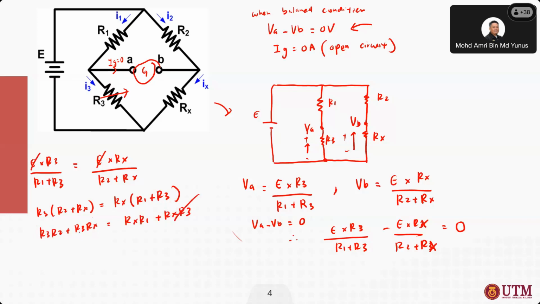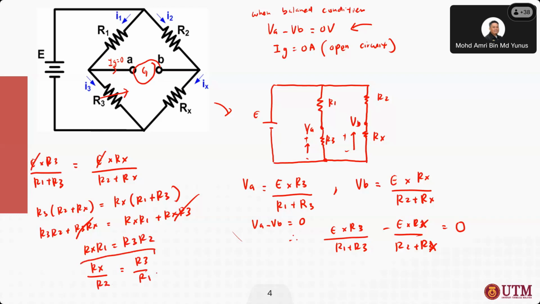This one cancels, and finally we have Rx R1 equivalent to R3 R2, or we can say Rx divided by R2 is equivalent to R3 divided by R1.